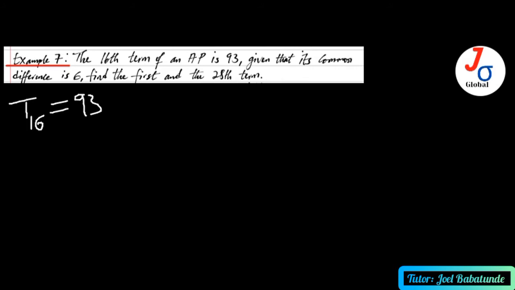Given that its common difference is 6, D equals 6. Find the first term. We are not given the first term. And also find the 28th term, T sub 28.